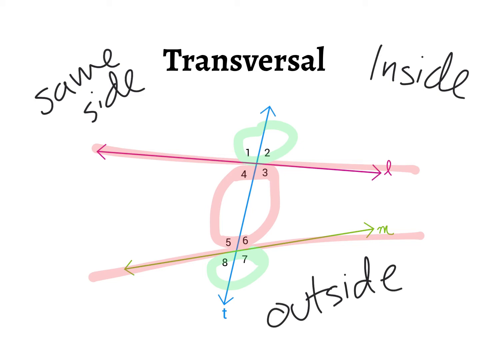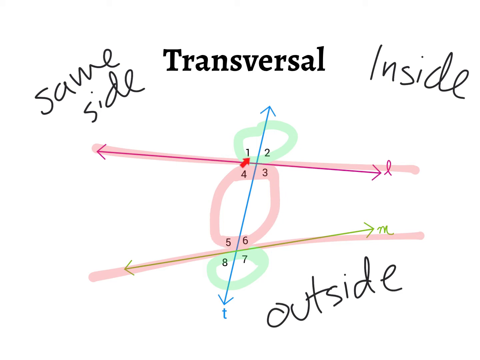Same side means that we're going to look at the transversal, and we're looking at the angles that are on the same side. So all the angles to the left of the blue line or all the angles to the right of the blue line. That means that they're on the same side. Inside, now we're looking at the other 2 lines as reference. There are 4 angles that are inside these 2 lines, and those are here on the inside, 3, 4, 5, and 6.